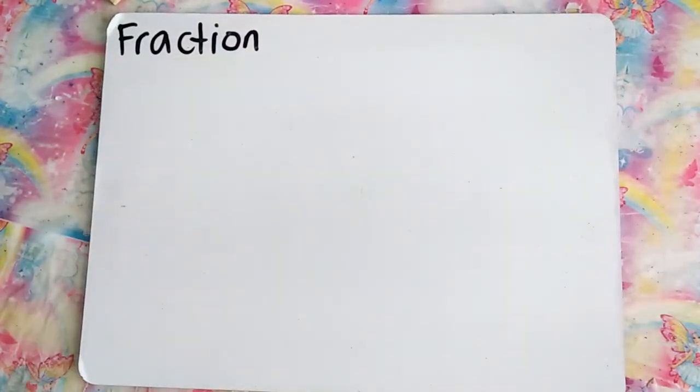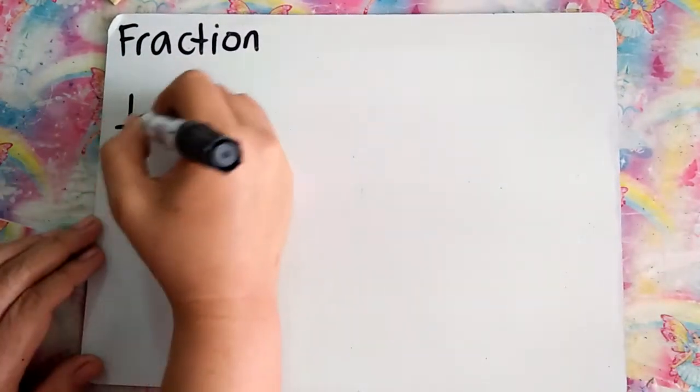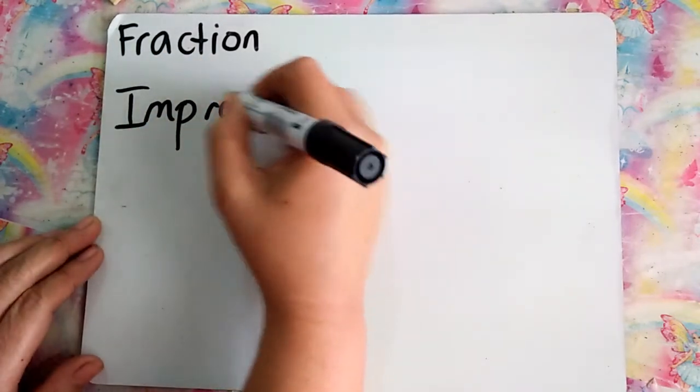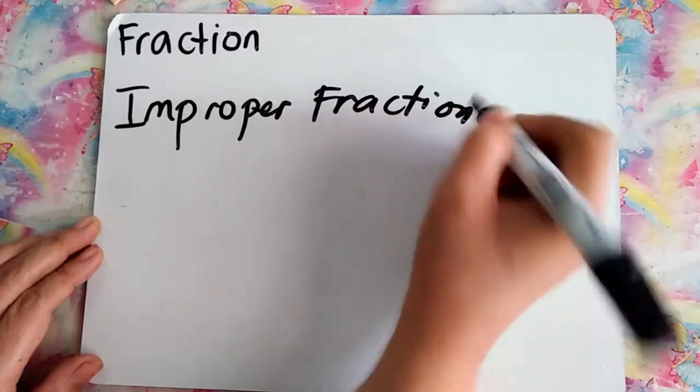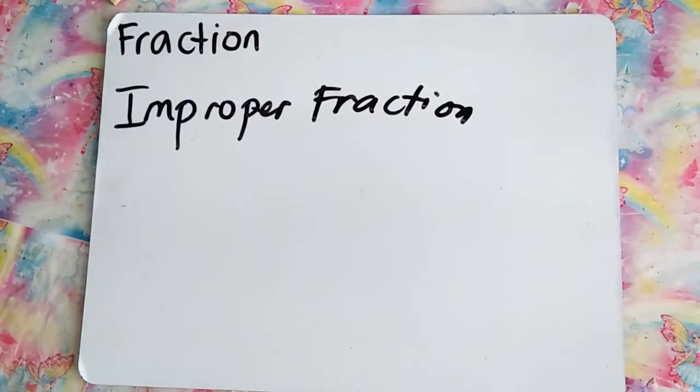Next we have improper fraction. These are fractions in which the numerator is more than or equal to the denominator.